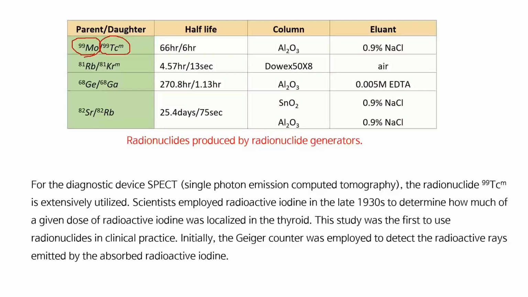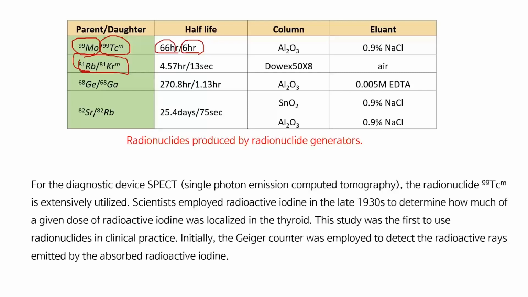The half-life of the parent radionuclide is much larger than that of the daughter radionuclides. So for this radionuclide generator, we can see the same behavior.